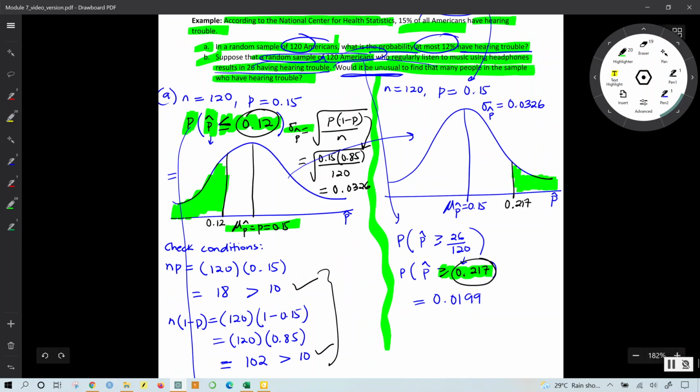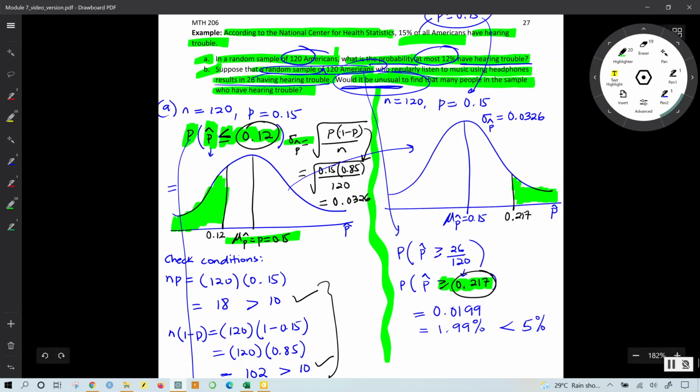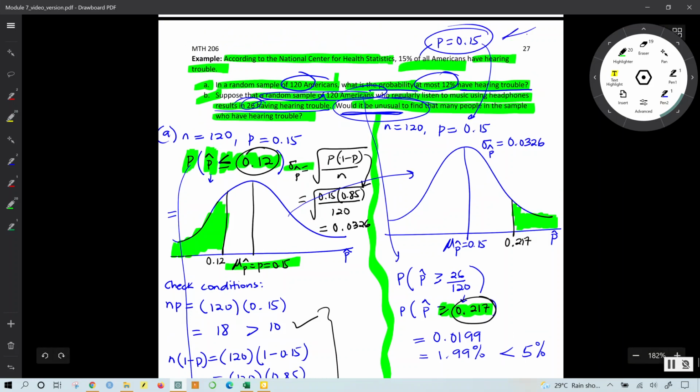Remember, the question is, is it unusual? This probability is the same as 1.99%, which is less than 5%. In fact, reasonably less than 5%. So we could say that observing 26 out of 120 or more having hearing trouble is definitely an unusual event if it is true that in the general population, 15% of all Americans have hearing trouble.